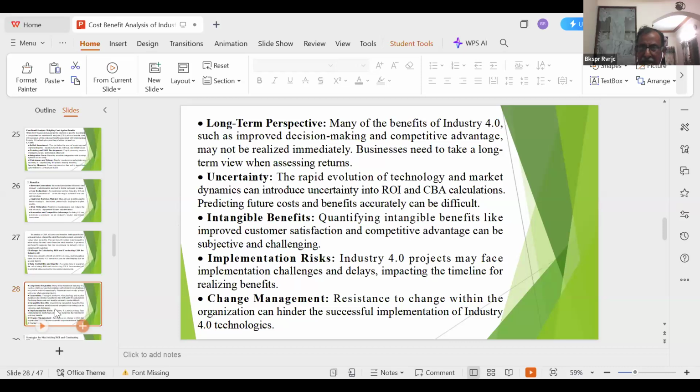The fifth one is implementation risk. Industry 4.0 projects may face implementation challenges and delays, impacting the timeline for realizing the benefits. And the sixth one is change management. Resistance to change within the organization can hinder the successful implementation of Industry 4.0 technologies.